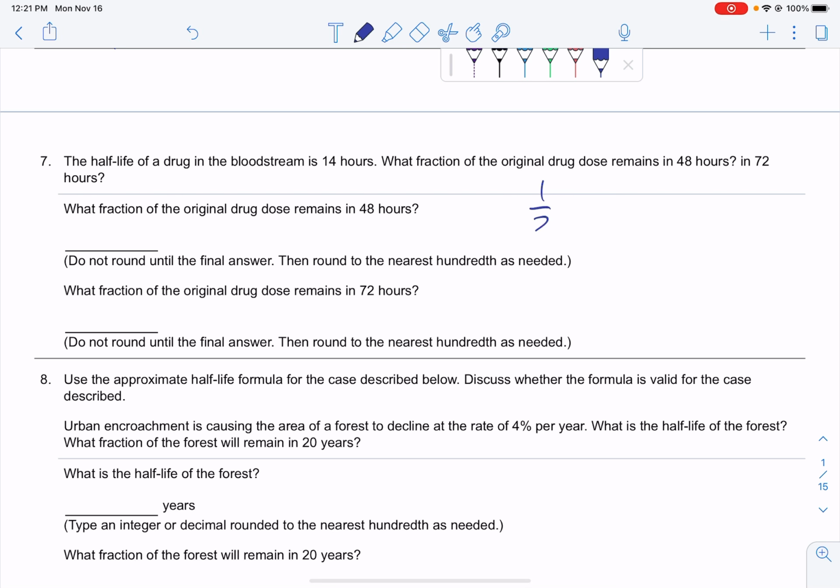So that's our 1/2 raised to the little t over big T. So my 14 hours is my doubling time. So I'm going to do 0.5 raised to the 48 hours over 14 hours, which again is just 0.5 raised to the third power, because 48 divided by 14 is 3. So that's going to be 1/8.